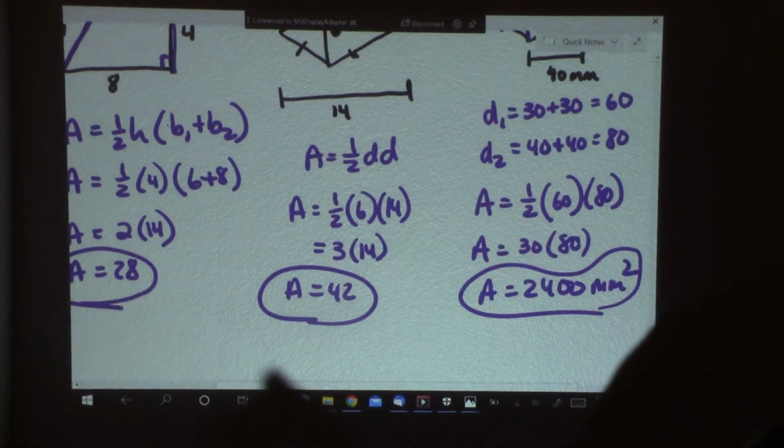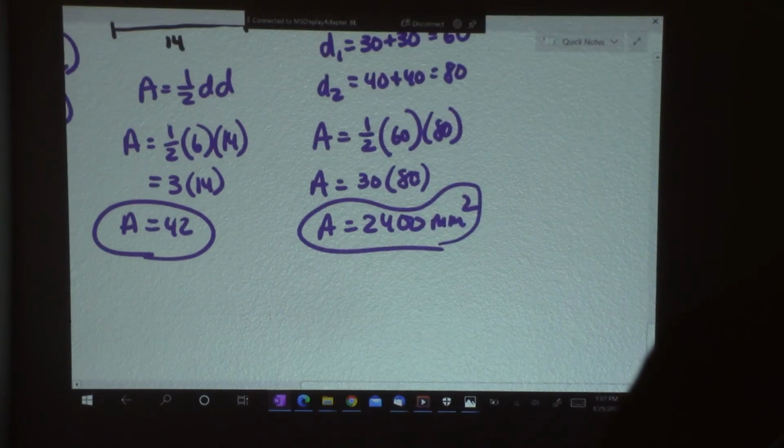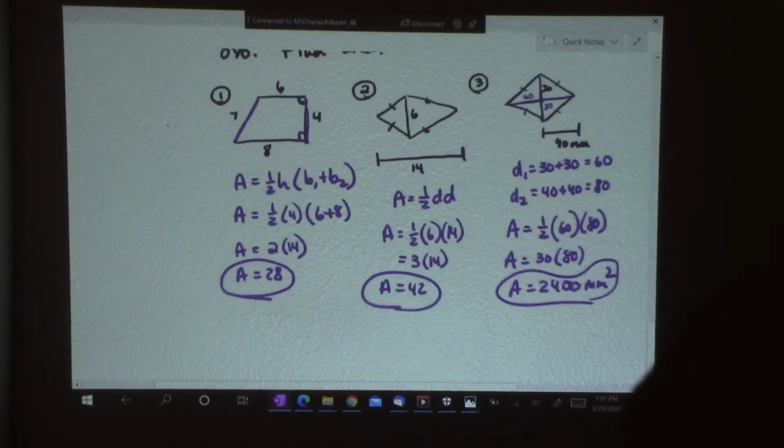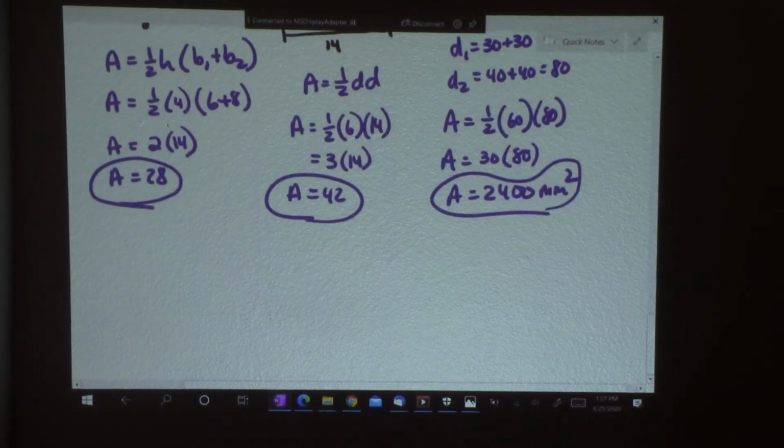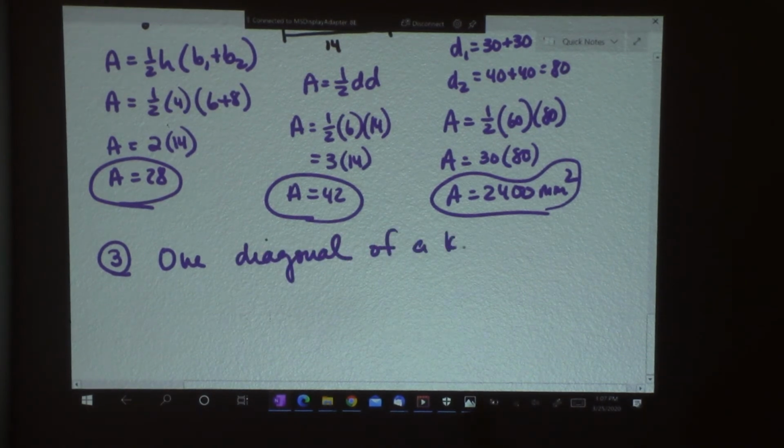Let's keep going and do a couple more problems. Bring it in a little smaller and do number 3. Okay? Number 3 says one diagonal of a kite is twice as long as the other.